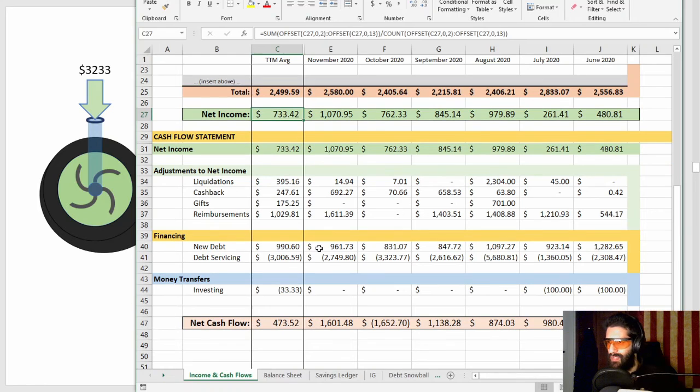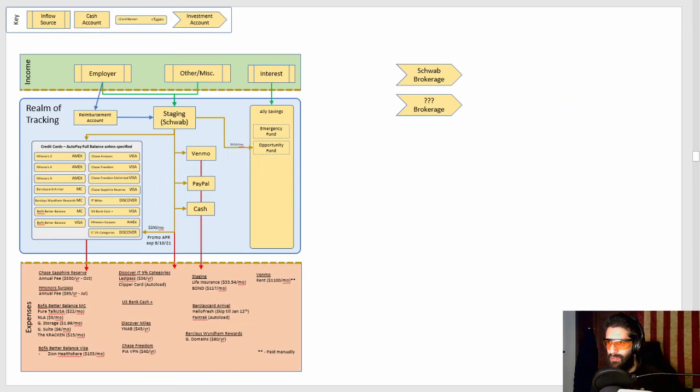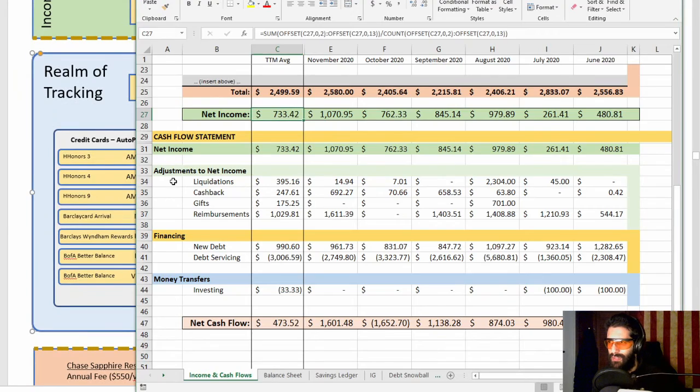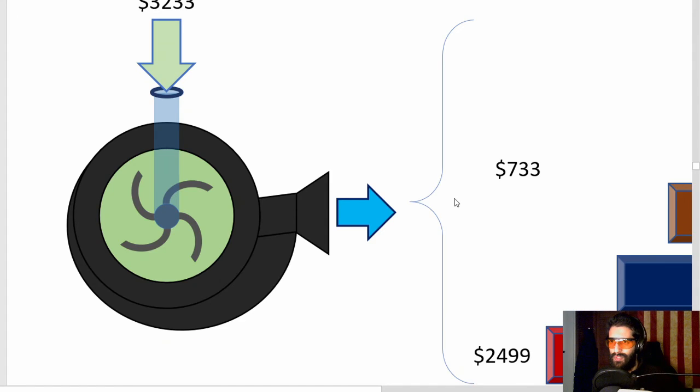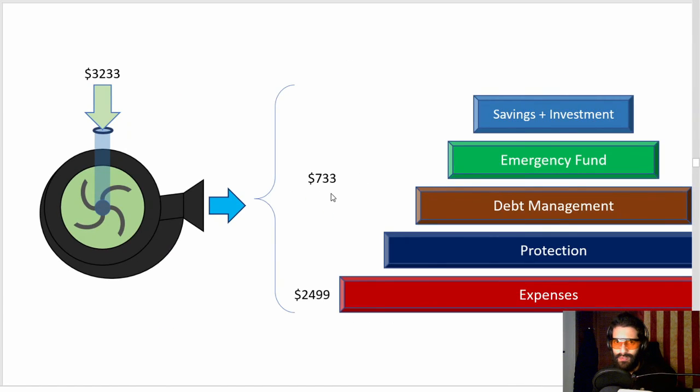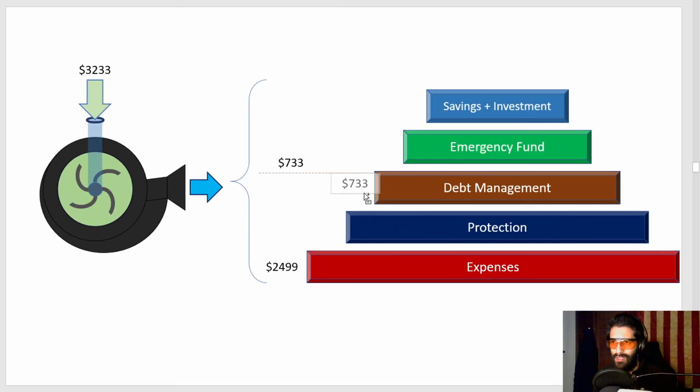If we look at where it's going, we kind of have to look here to see. We have 200 of it going to debt management, basically. So that leaves us with 533.